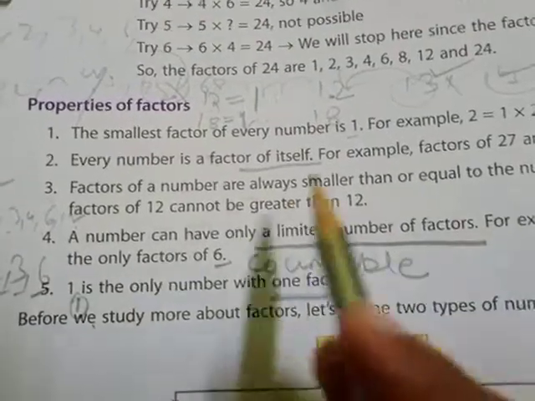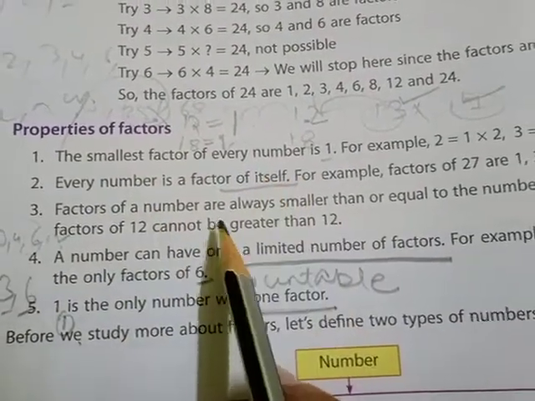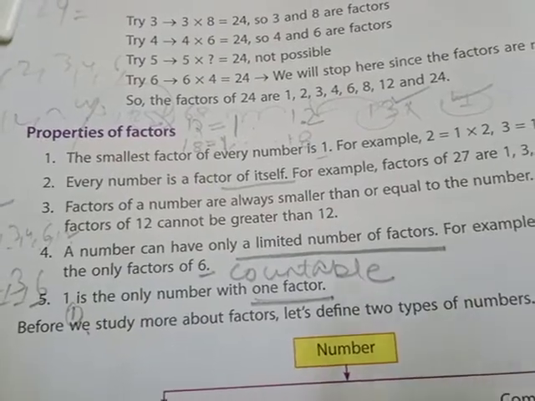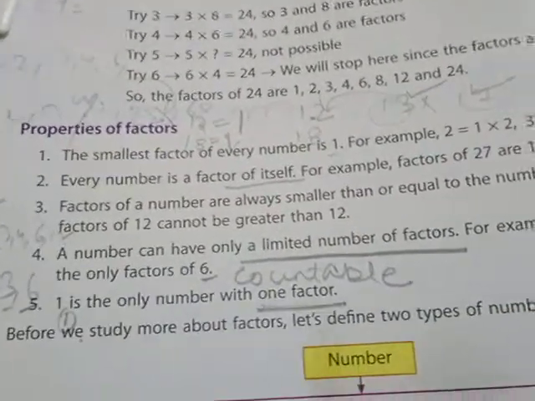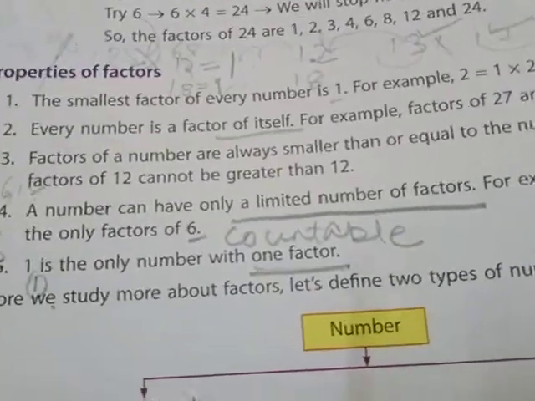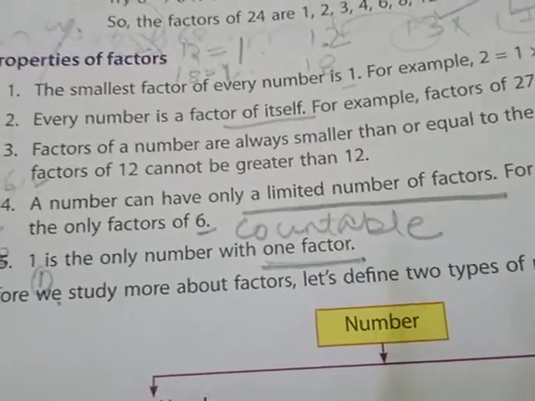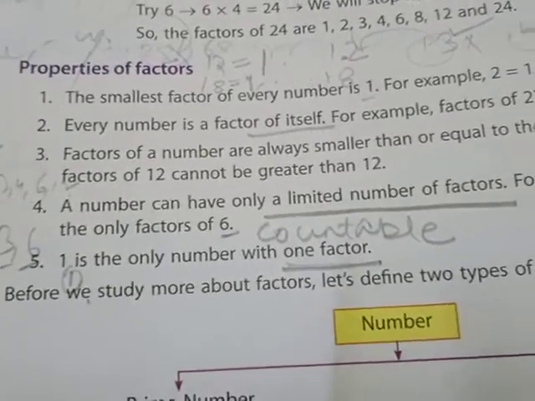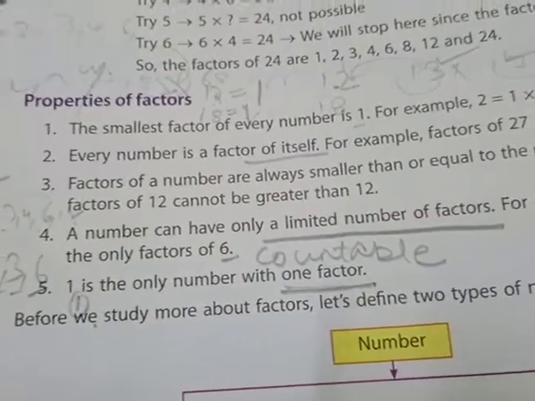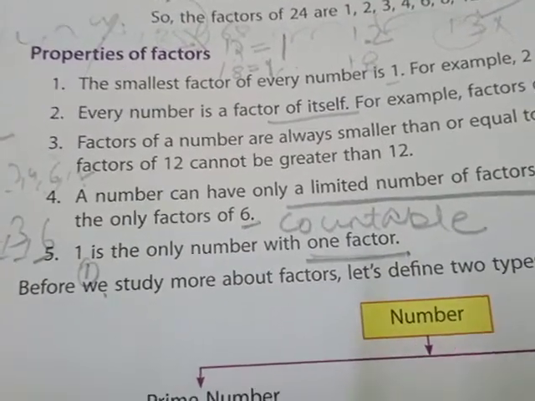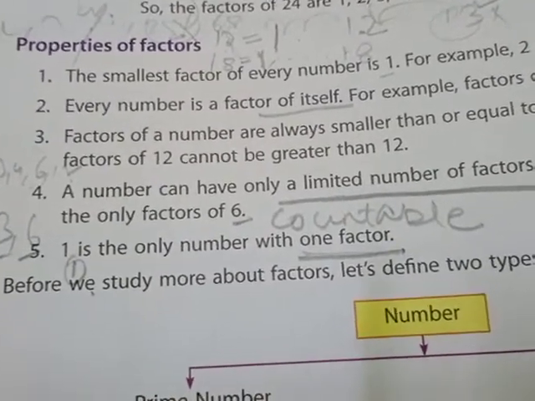Let's take a glance once. The smallest factor is 1. Keep in mind all numbers have 1 as a factor. Whenever we have to write the factors, the first factor will always be 1. Then every number is a factor of itself. Whosever factors we have to write, the number itself will be one of its factors.